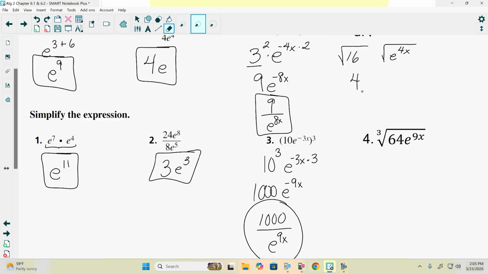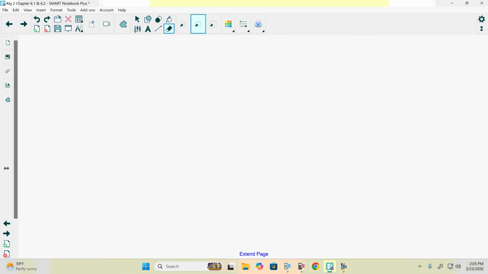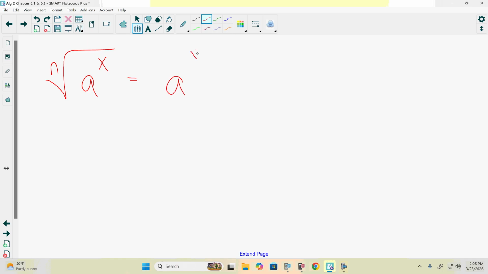Now, I know in Algebra 1, y'all went over this in a little bit of form. But the nth root of a to the x, we're going to deal with it here. We're going to dig more into it in chapter 5. But the nth root of a to the x is equal to a to the x over n.